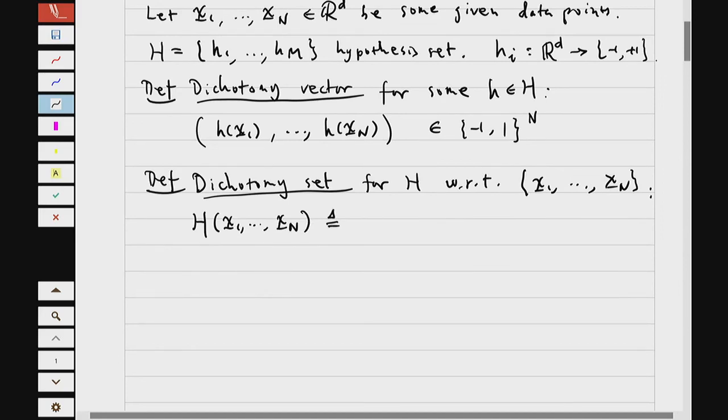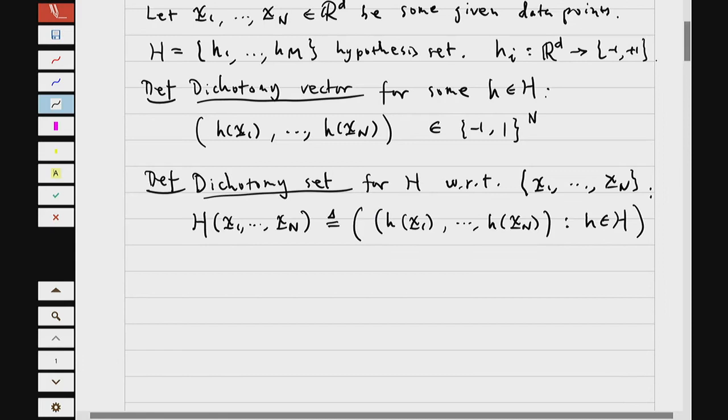It's simply the set of all of these dichotomy vectors, h of x1 up to h of xn, such that h is inside the hypothesis set.